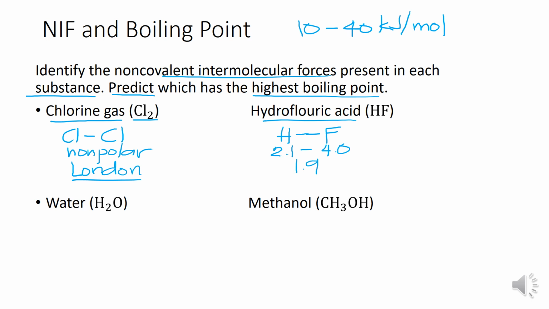Therefore, hydrofluoric acid is polar. But it is also a molecule, so we have London force. In addition, we have the noncovalent intermolecular force present only in polar molecules, which is the dipole-dipole force.